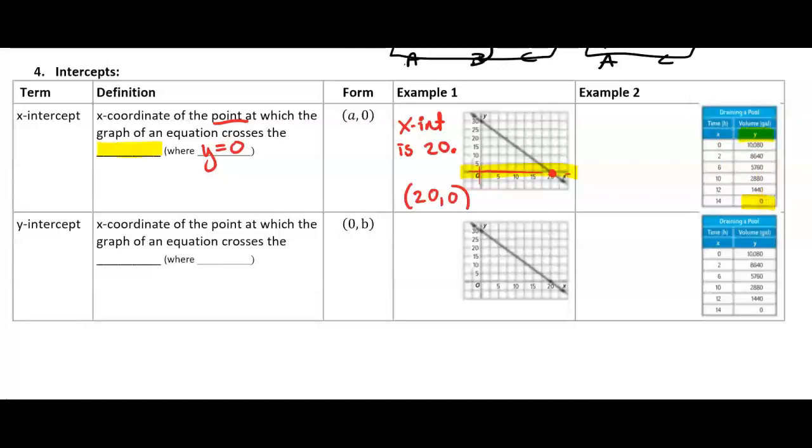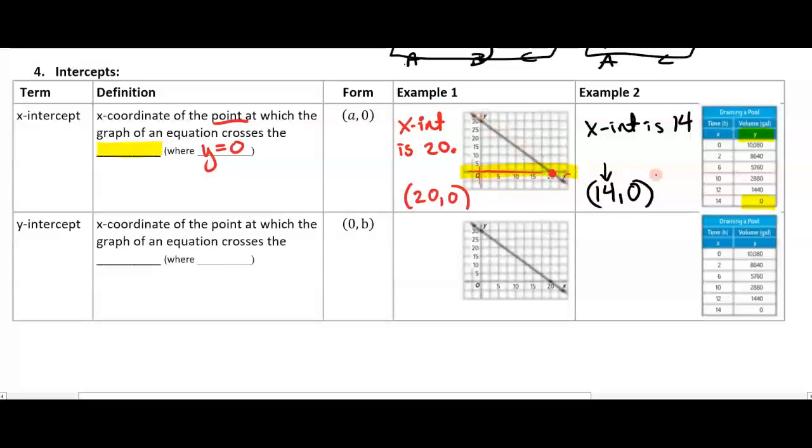And y equals 0 at the point 14, 0, which means my x-intercept, if I want just the words, is 14, because that's the x-coordinate where y equals 0, in other words, where my graph crosses the x-axis.